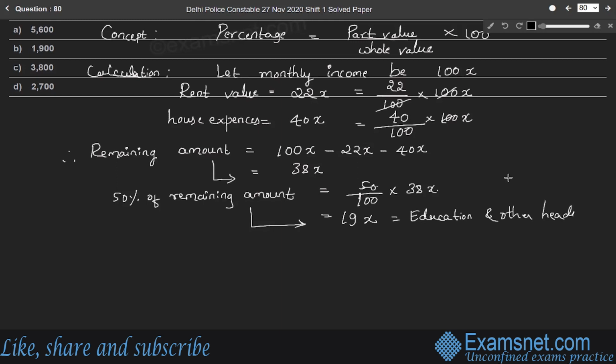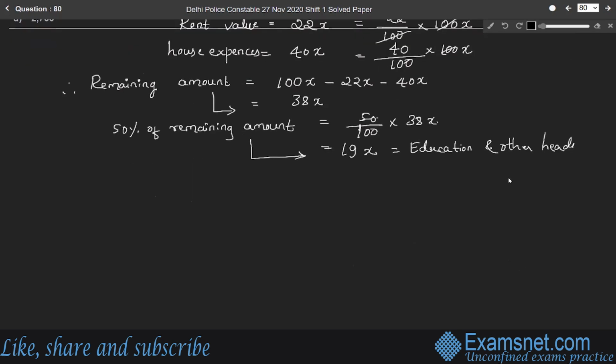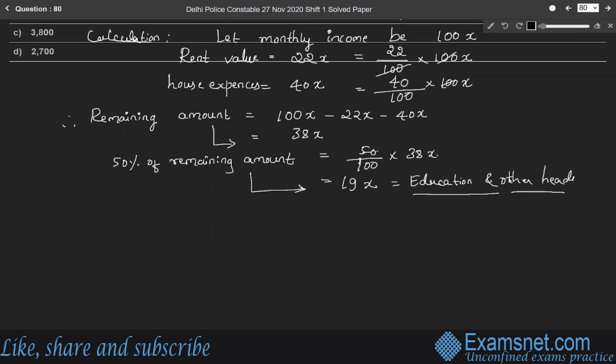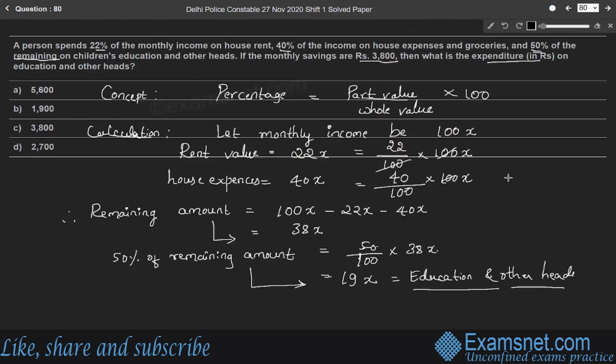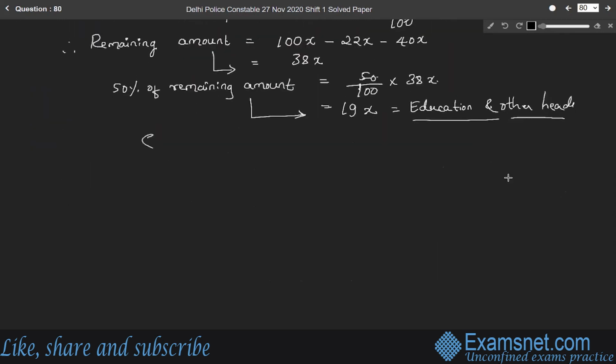Therefore, what is the remaining apart from the education and other heads? This remaining is savings. Savings is equal to 3,800.